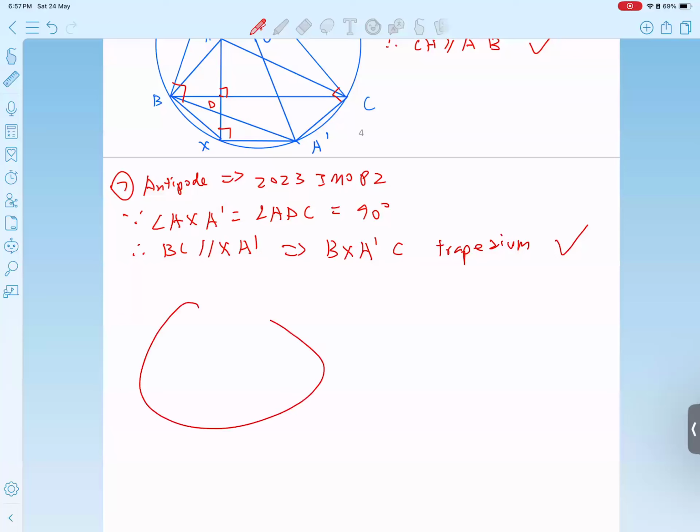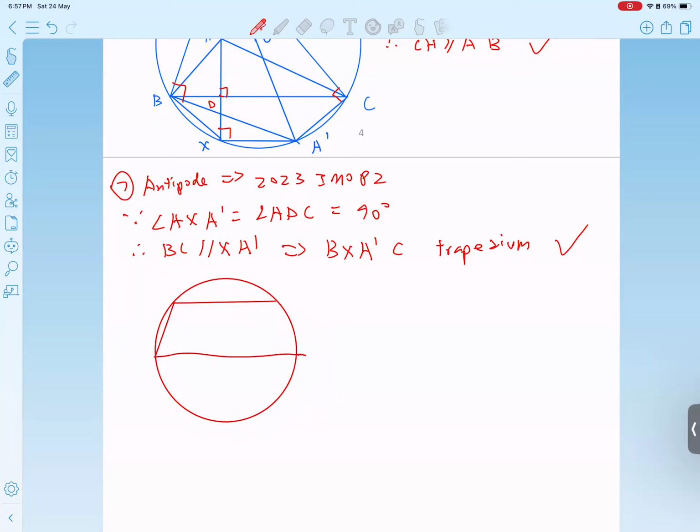So this is quite a useful thing to remember. If you have a trapezium which is cyclic, so in this case XA dash CB, and we have a trapezium that is cyclic, it is an isosceles trapezium, because you can see these two.